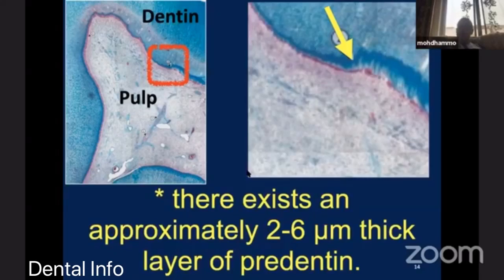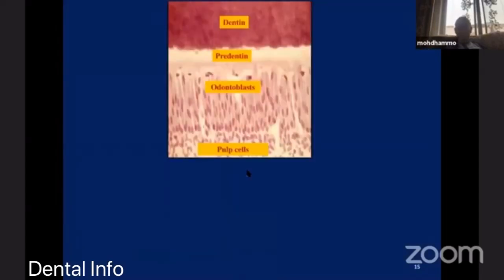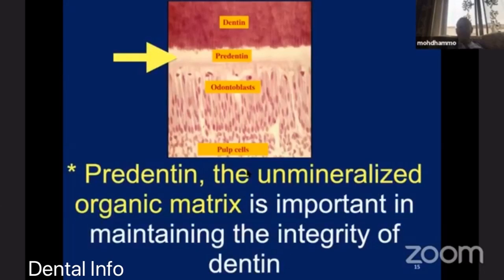Predentin is an unmineralized organic matrix, and it is important in maintaining the integrity of the dentin. So now we are looking at the odontoblast, then predentin, then dentin. And remember, predentin is an unmineralized layer.